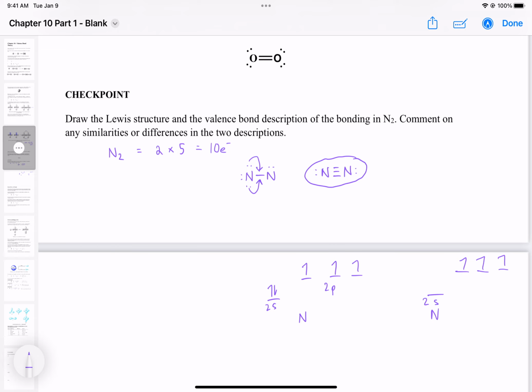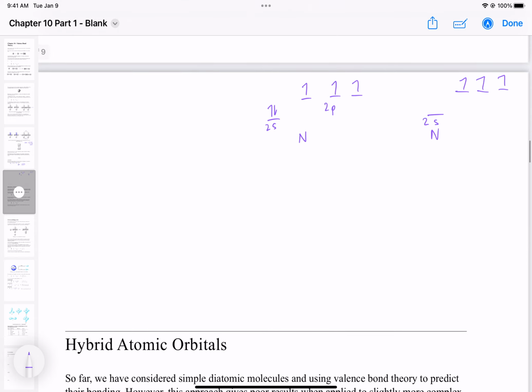So both these nitrogen atoms can combine, and we can form several bonds between the orbitals. Okay, so let's say this is one nitrogen atom. So here's my first nitrogen, and then next to it, we're going to draw another nitrogen atom.